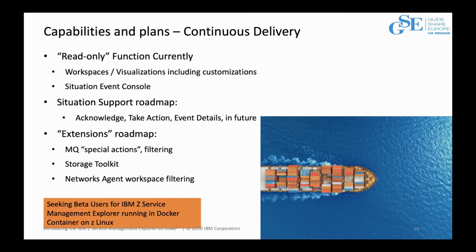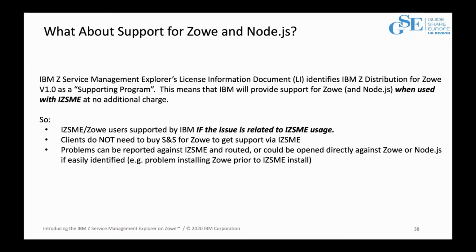Okay, so what about support? As I said earlier, IZSME requires Zowe. It could be the Zowe that IBM distributes, the IBM Z distribution for Zowe, which is what we've put down as a supporting program, or you can get the Zowe which is in the Linux Foundation Open Mainframe Project.